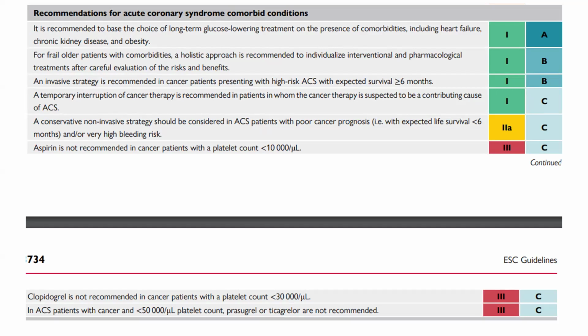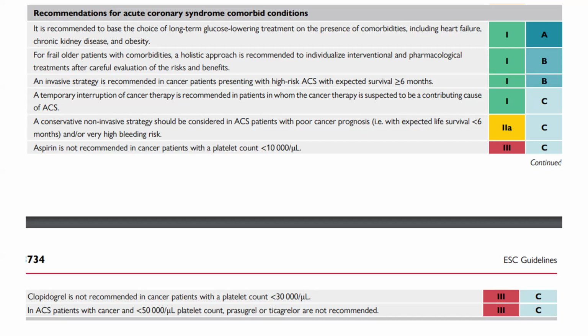An invasive strategy is recommended in cancer patients presenting with high-risk ACS with expected survival of at least 6 months. So basically, you have a patient with malignancy, cancer, who has ACS. The question is, what is the benefit of stenting or offering PCI or revascularization to a patient with malignancy? The recommendation is, if you know the life expectancy or survival is going to go beyond 6 months, then you have to offer it.